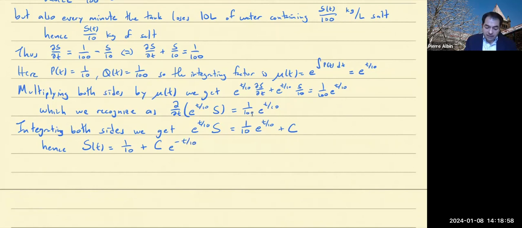Right? And then in this case, we had an initial condition. Right? Because we knew that at time 0, S was equal to 10. So that lets us determine the constant.